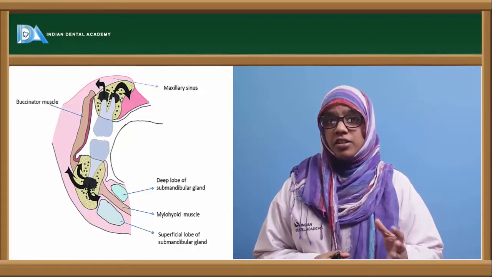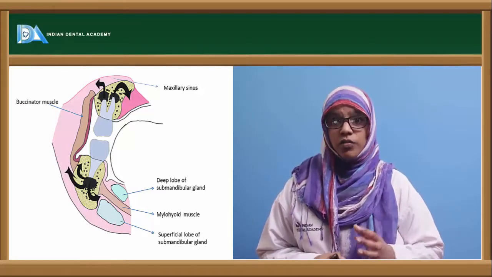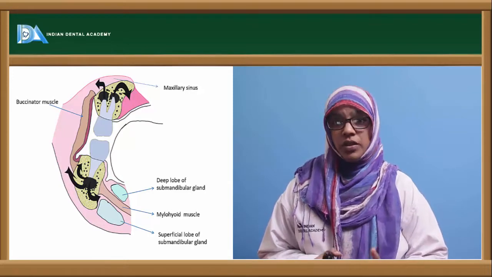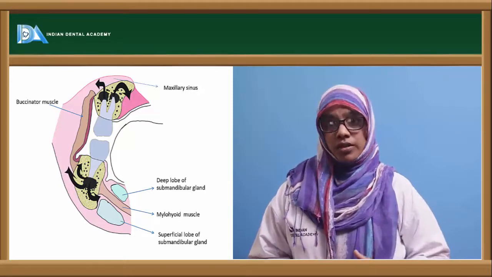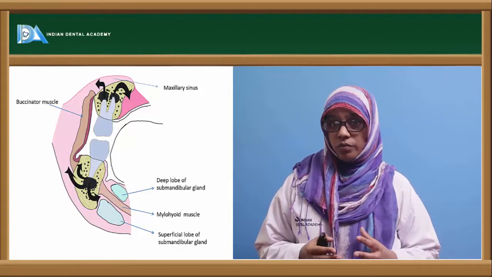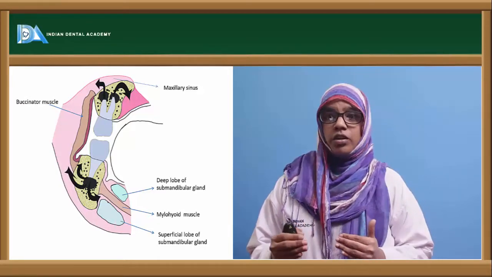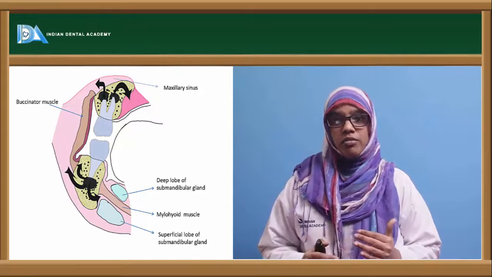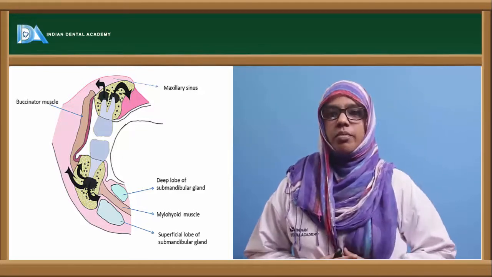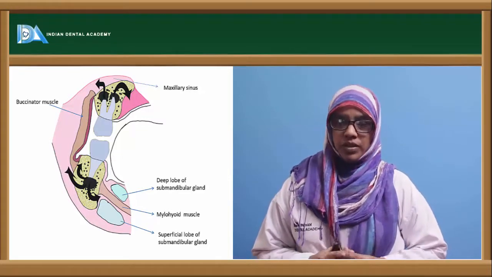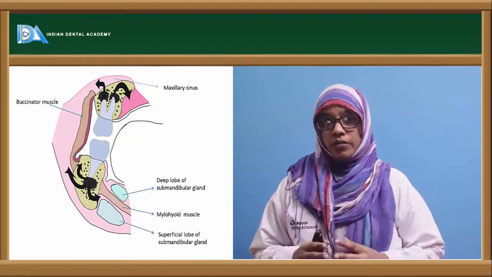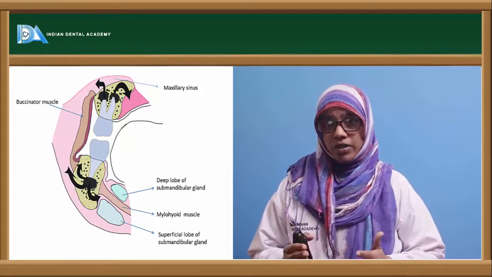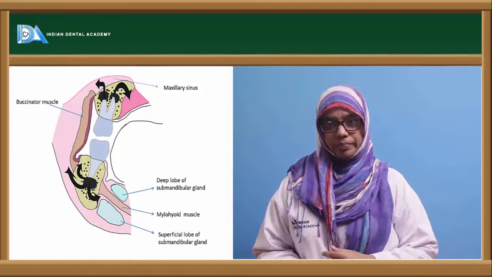If anterior teeth, such as the canine, are involved, it can result in canine space infection. In case of the lower molars, as I mentioned earlier, if the infection moves above the mylohyoid muscle, it results in sublingual space infection, and below the mylohyoid muscle, it causes submandibular space infection. Similarly, infection can spread into the buccal vestibule or the buccal space.